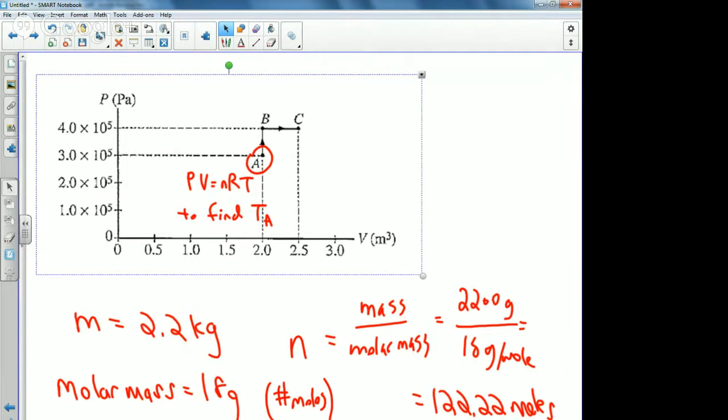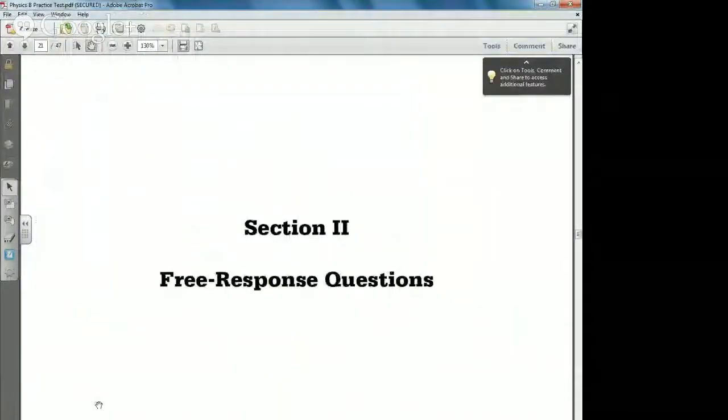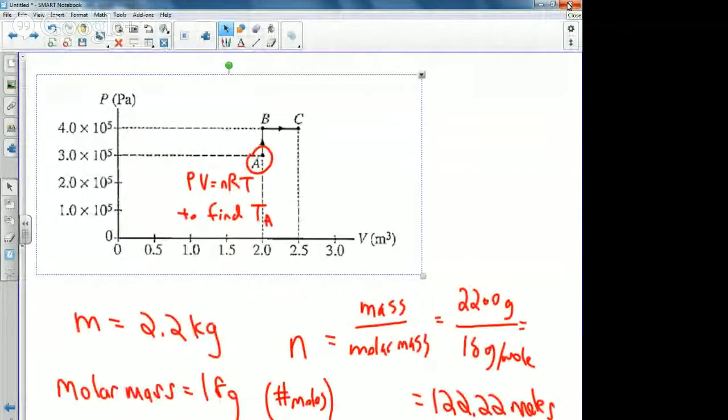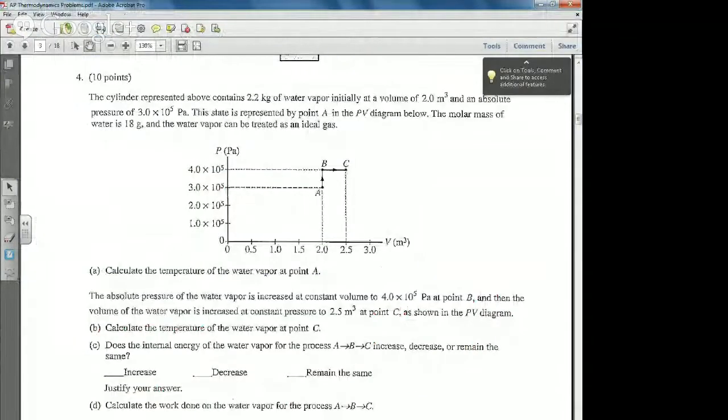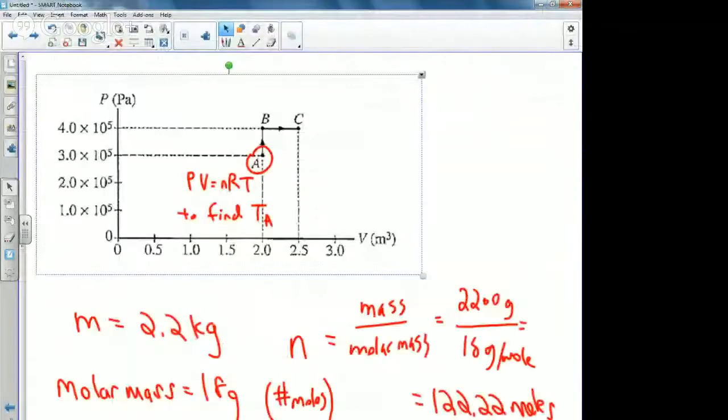So I just want you guys to understand, if you know the temperature at A, you use it to find temperature at A, and you'll use it to find temperature at C.